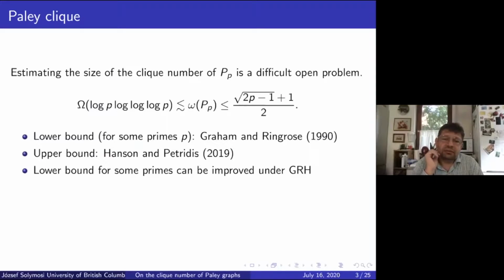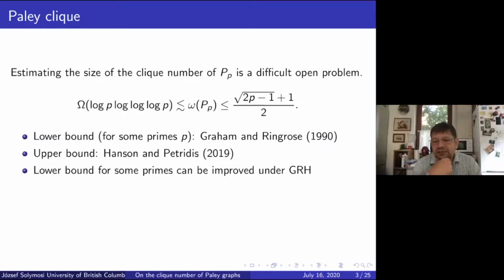And the lower bound, well, what you see here is not really a lower bound in general, but for some p's this is a lower bound. What it shows is that there are some primes where the clique number is larger than what you see in a random graph, where it would be just log. So it's more. That was done by Graham and Ringrose.